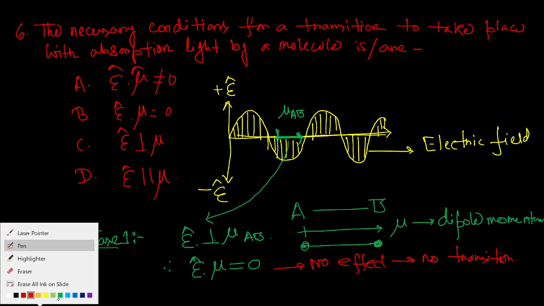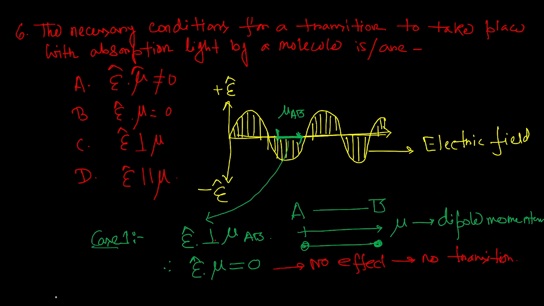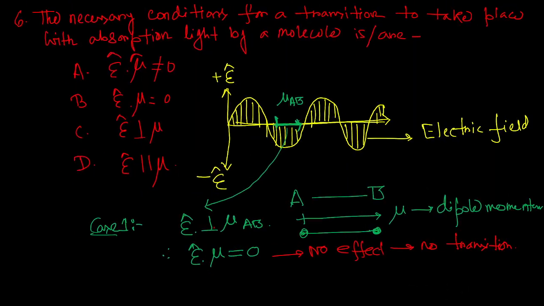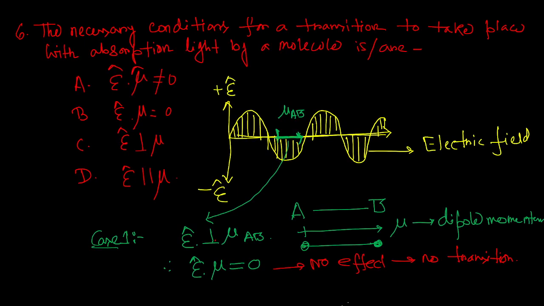Now if we think the molecule is aligned like this, some mu AB. In that case mu AB is parallel to the electric field.